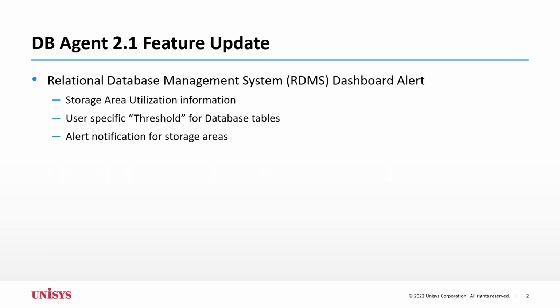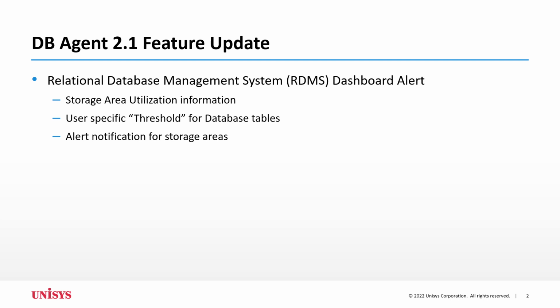We have added a new feature in DB Agent 2.1 to let you see the utilization of Relational Database Management System, that is RDMS, storage areas and manage thresholds for alert generation. The RDMS dashboard alert feature provides the following enhancement in the database section of Apex Web application. The feature provides information about storage area utilization.